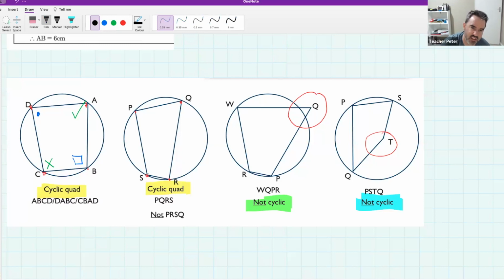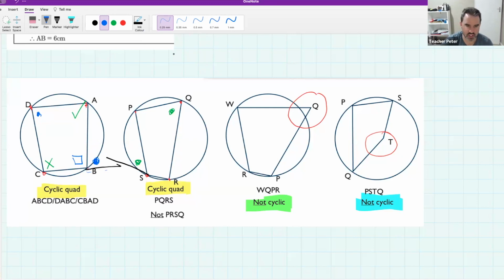And the other idea is if you have an exterior angle of a cyclic quad, then the exterior angle will be equal to the interior opposite angle of the cyclic quad. Visually, I could show it to you on this thing like that. So the exterior angle will be equal to the interior opposite, and opposite angles in a cyclic quad add up to 180. This is not the case with quadrilaterals that are not cyclic.